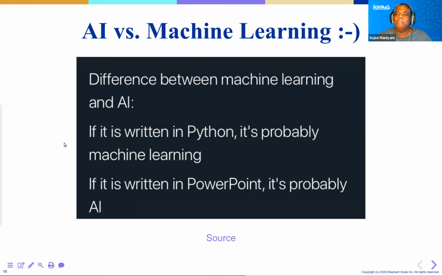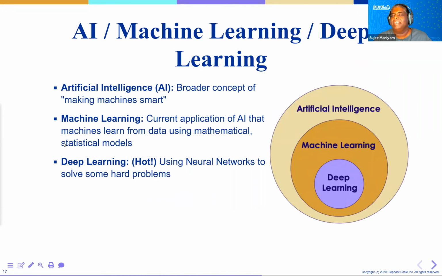So let's look at a more nuanced distinction. Here's how I look at machine learning, AI, and deep learning. AI I look at as an umbrella term, right? It's basically building smarter machines. And machine learning, as you can see, is a subset of AI. It uses a lot of math and stats-based models to learn and predict. When people say machine learning, this is what they usually mean.